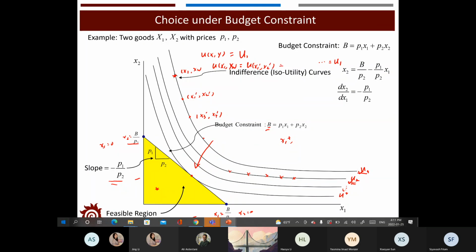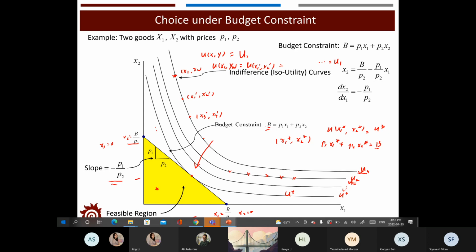Back to this point, we have x1 star, x2 star, and the utility is u star. So u(x1 star, x2 star) equals u star. This is the optimal utility we get. Also, P1 x1 star plus P2 x2 star equals B, because it's along the budget constraint. All points along the budget constraint have the same budget B.